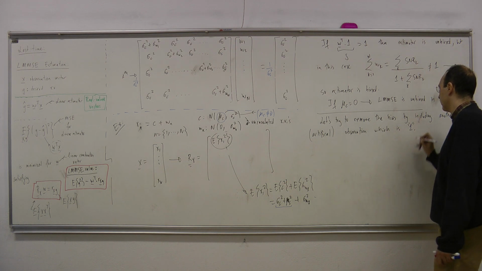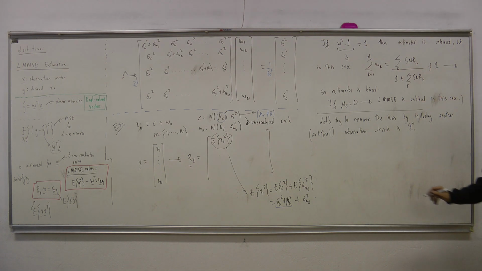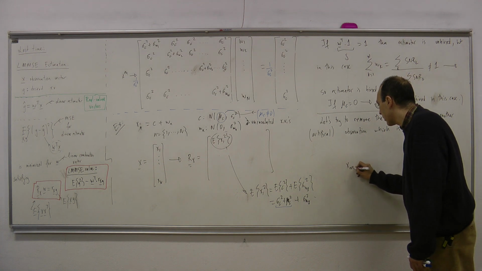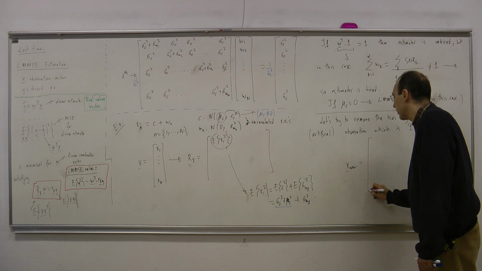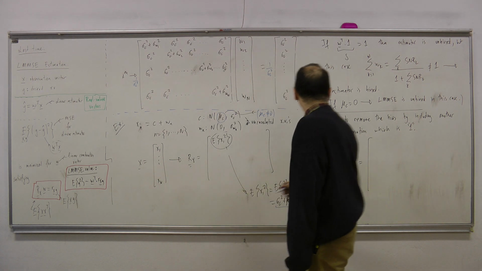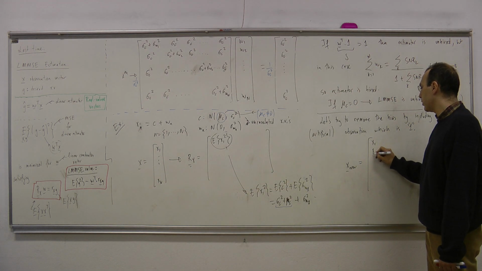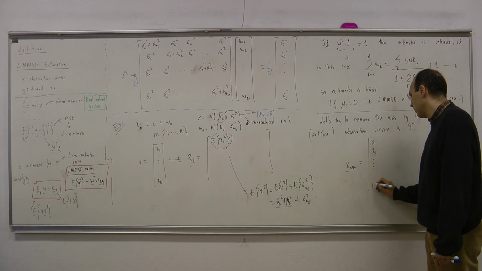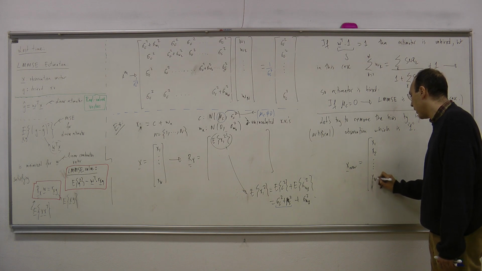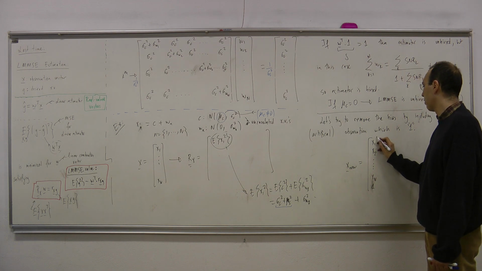So what do I mean by this? Let's say this is my new x vector. It is composed of my observations, and at the end I have x of n and I have 1 over here.